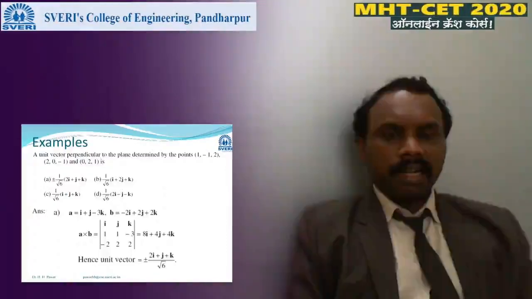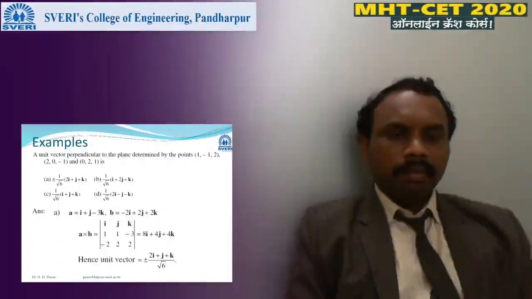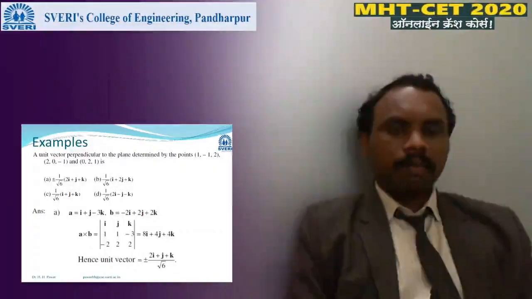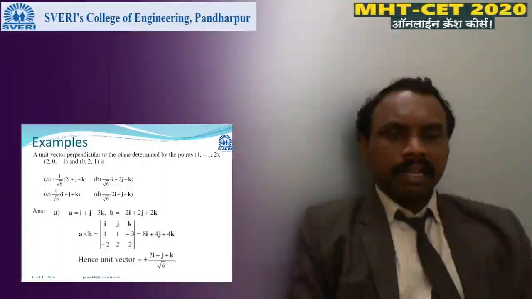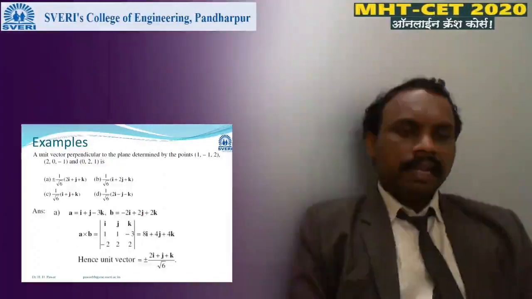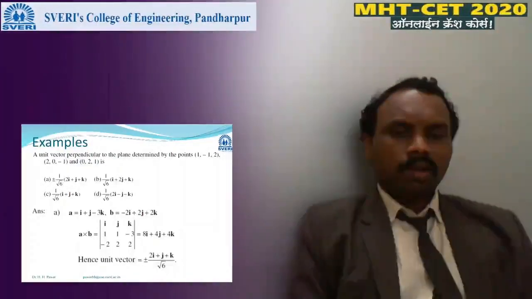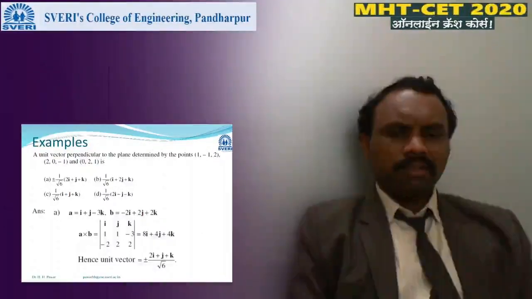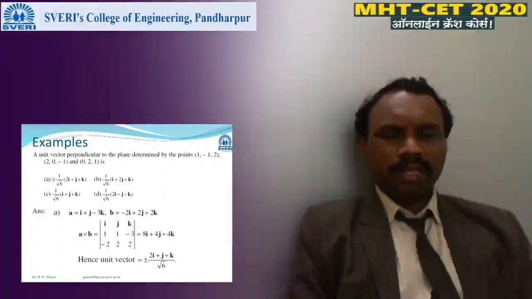So here a bar is equal to i plus j minus 3k and b bar is equal to minus 2i plus 2j plus 2k. As we know, a unit vector perpendicular to the plane is obtained by using the cross product of any two vectors, so we will consider here only two vectors a bar and b bar.